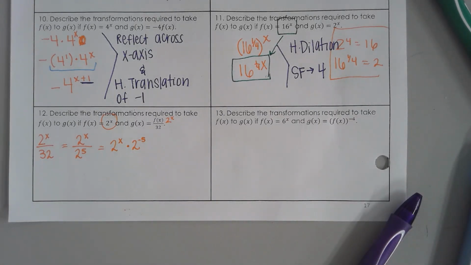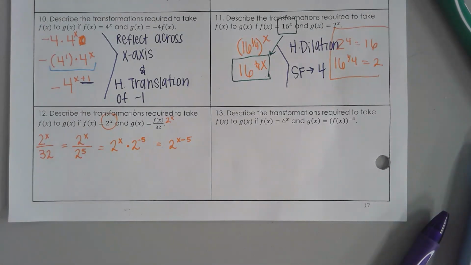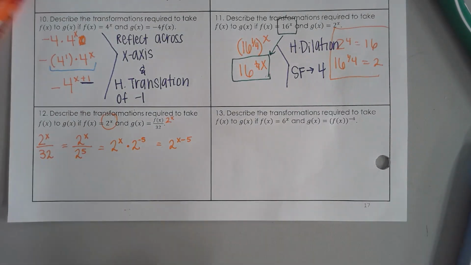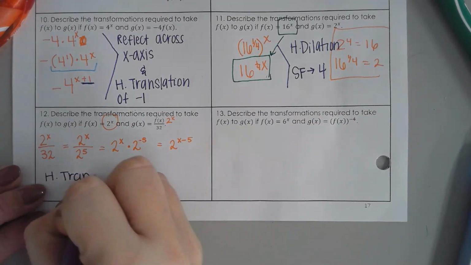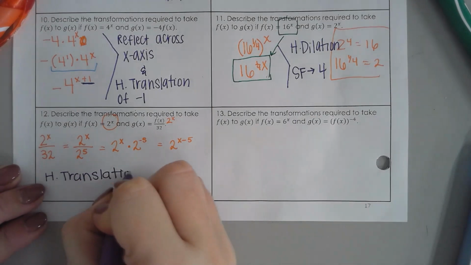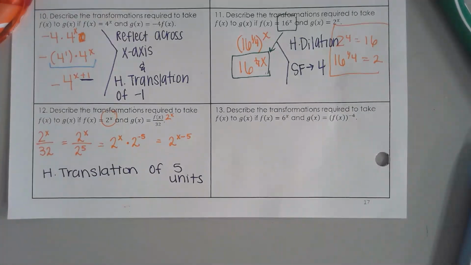Now we're just going back. We're taking it from the bottom. Bring it back. Which is 2 to the x minus 5. And so this would be a horizontal translation of 5 units. So you had to get it to one base of 2 to see what happened. There's no way you would have got that just by looking at over 32.